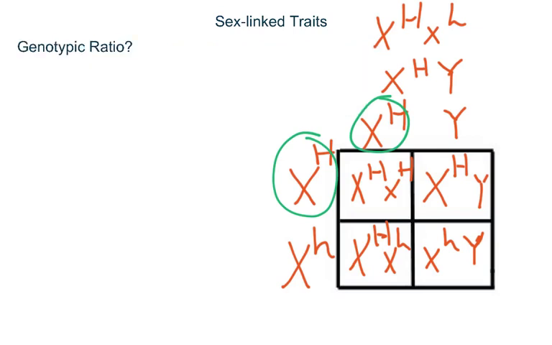So genotypic ratio, remember the genotype is the letter combinations. So again, you have to write the XX and the XYs for the male and the female, and then you have to show the alleles on the actual X's. So I would just start at the top left box, and I would count how many of each we have. Well, I only have one of those. So I'm just going to write 1, so then I would move to the next box. I have one of those.